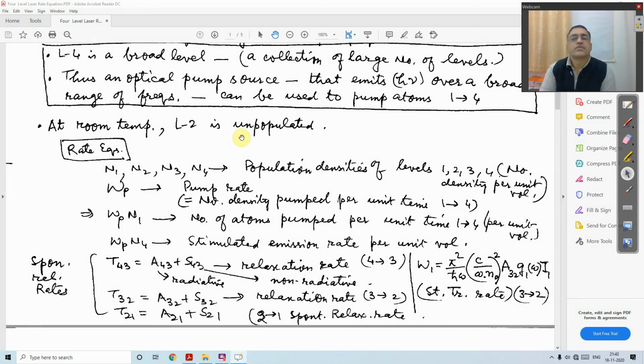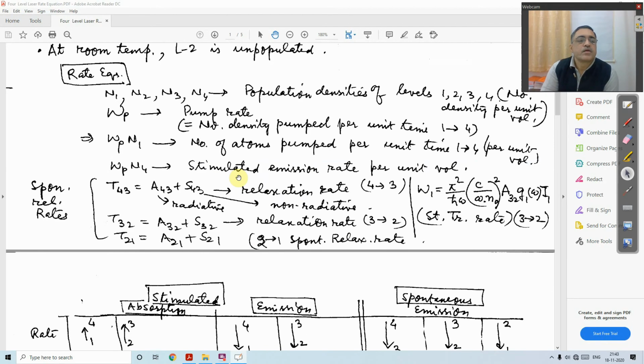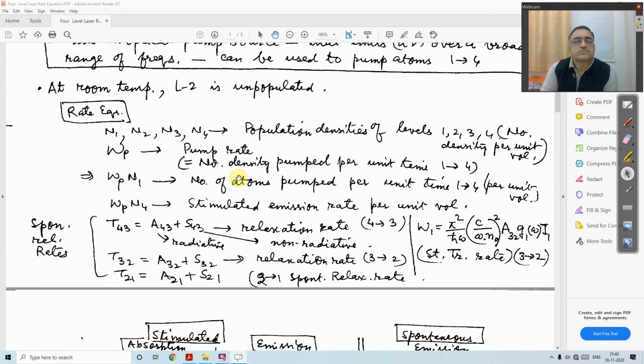Now we see that it is mostly radiative because we choose the material like that only, and we avoid non-radiative transition because that causes heating up of the material.